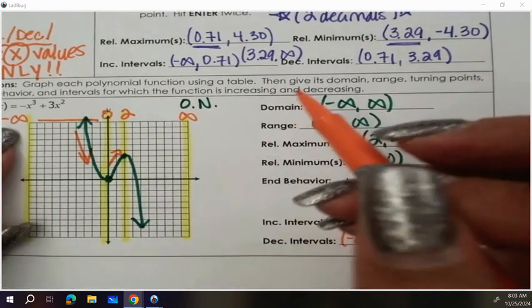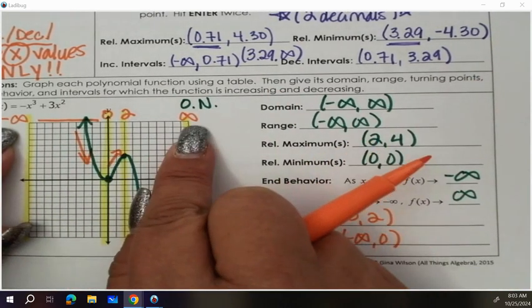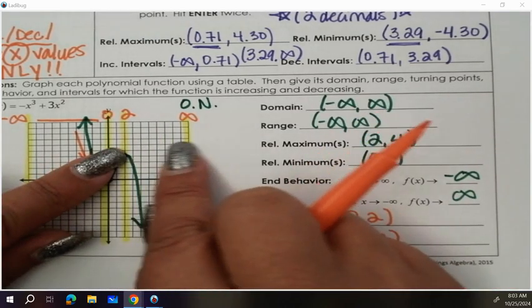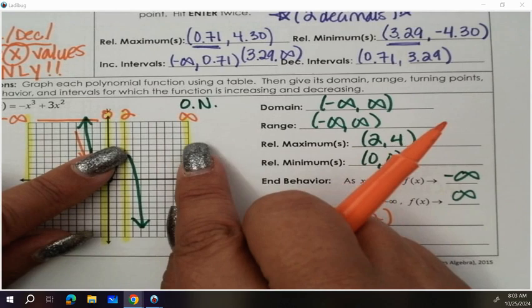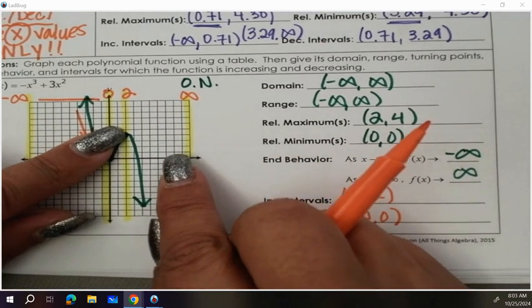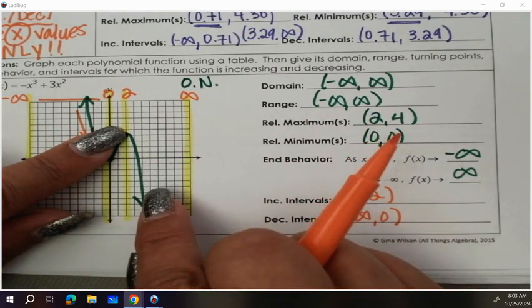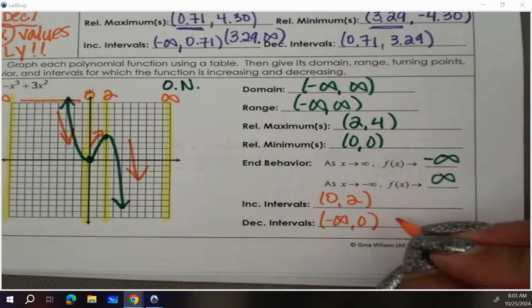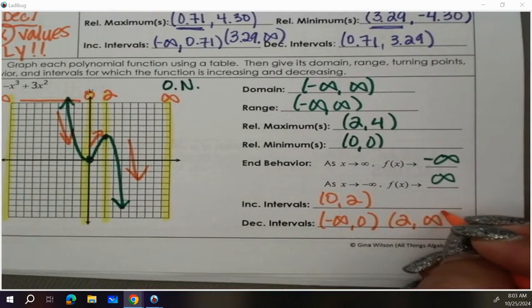It goes negative infinity, turning point, positive infinity every time. So in this span right here, from 2 to positive infinity, which way is my car going to be driving? Downhill or uphill? Downhill. So I'm decreasing from 2 to positive infinity.